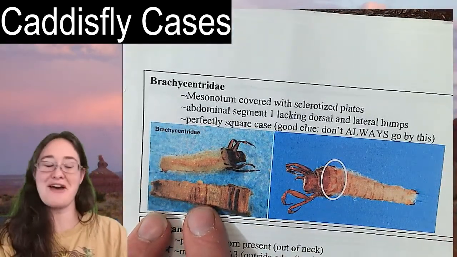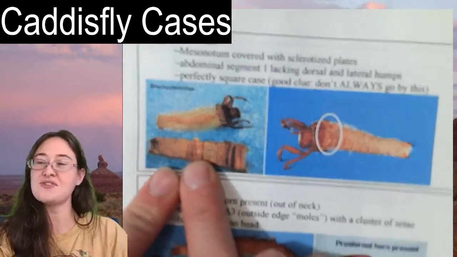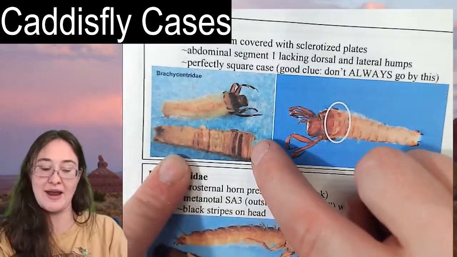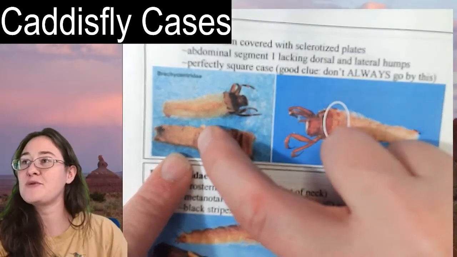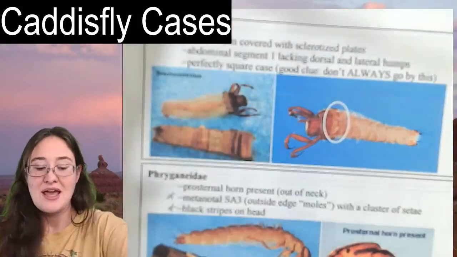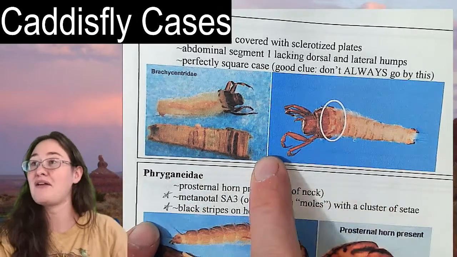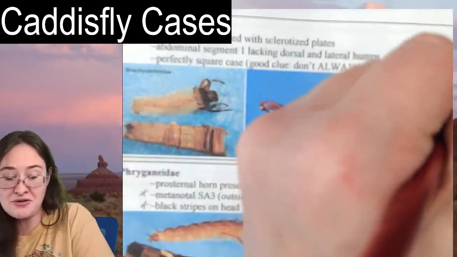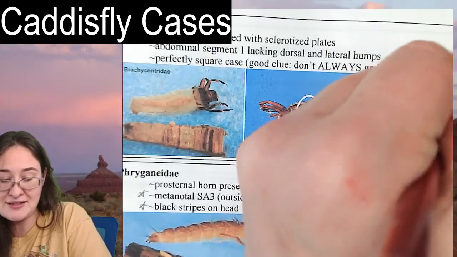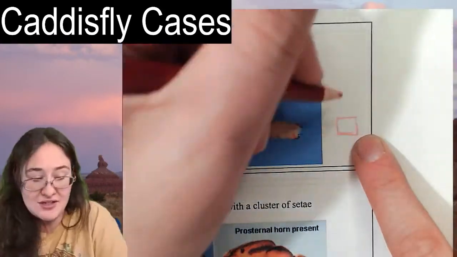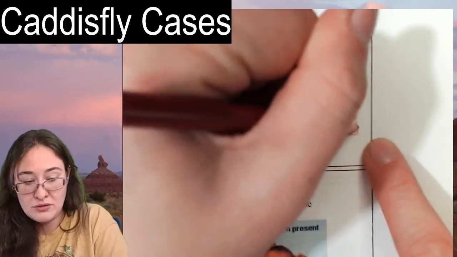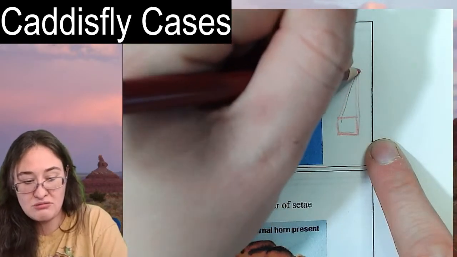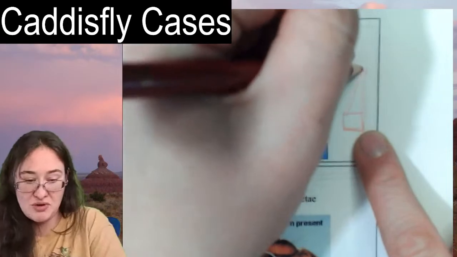These guys are fun because their homes are perfectly square. They cut all of these pieces of little stems in exactly the same length. And if you look down that case, he's like a square that gets narrow to another square.